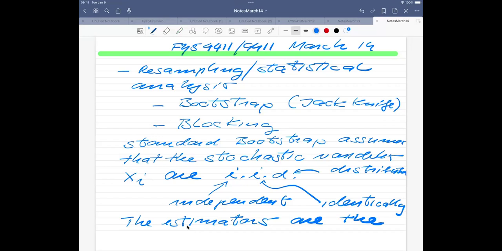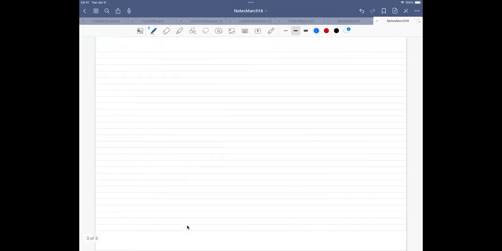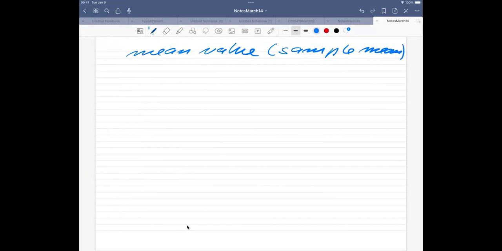So let's just slowly switch over to the next slide, if that is okay. We are going to look at the mean value, and in order to be precise, we should say that this is the sample mean. I will come back to what that means. And the sample variance.